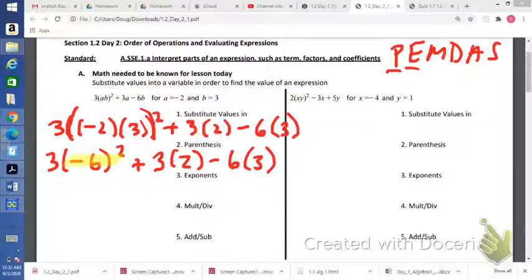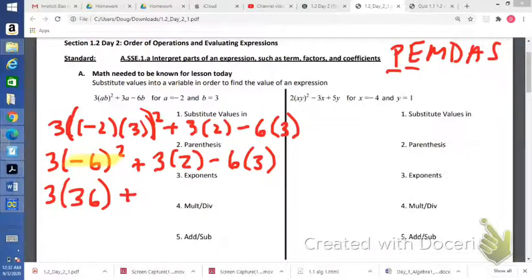Whenever you're taking a negative number, if you put this into your calculator, make sure you're including the parentheses. So we have 3 times, so -6 squared is the same thing as -6 times -6, which is a positive 36. Whenever you square a negative, you should have a positive number.